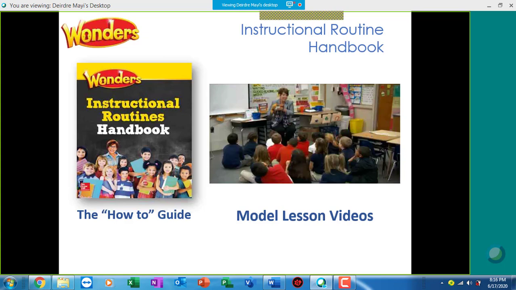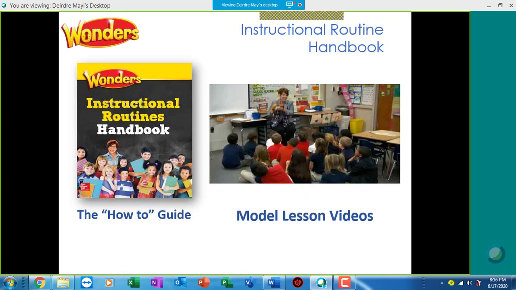We wanted to make it easy for you to find all of the routines at once. So we made the Instructional Routines Handbook available to you in print. You're going to see it on that list of components that I mentioned being available within that bit.ly link. Because we don't know when each of you will receive your print materials, we wanted you to be able to get to the Instructional Routines Handbook online.